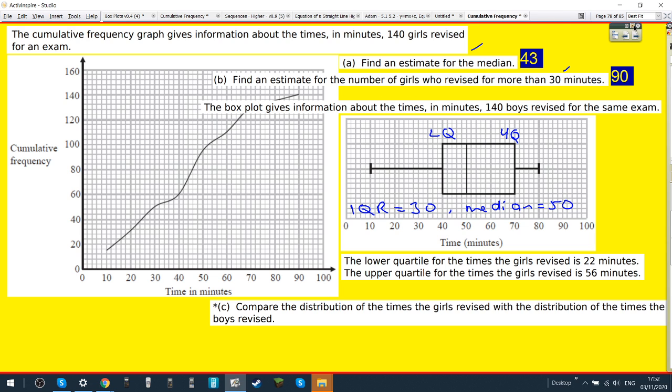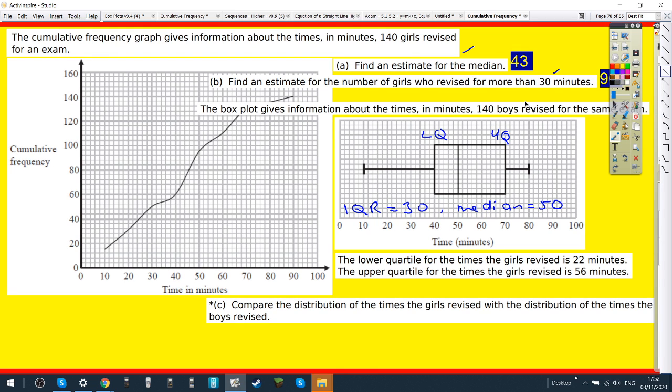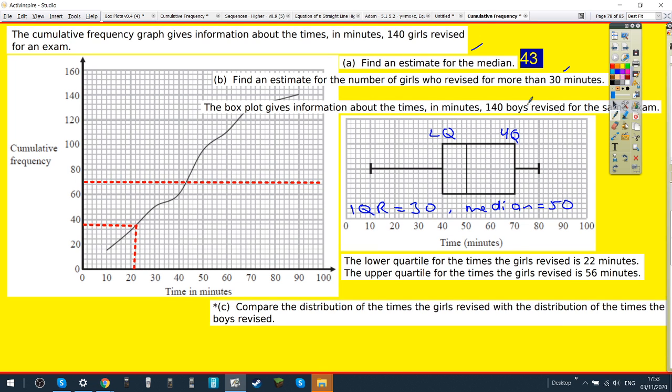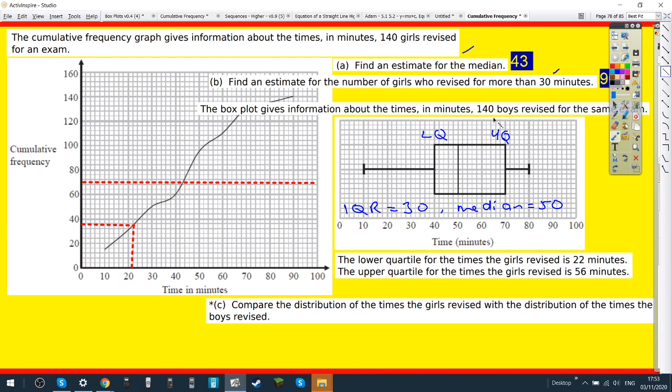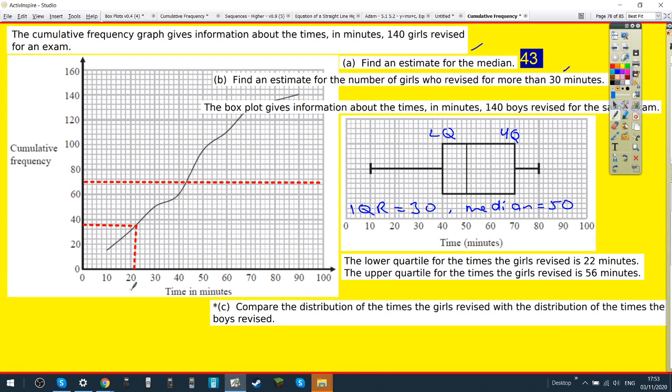Okay, so how would you find the interquartile range for the diagram? For the diagram, you find the median, which is 70. And then you get a quarter of that, which is 35. And that is 20. 22 maybe.